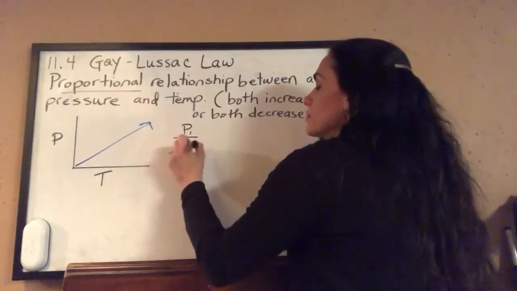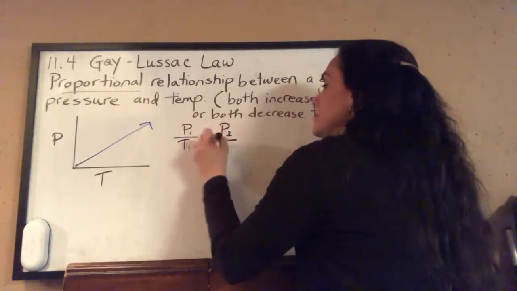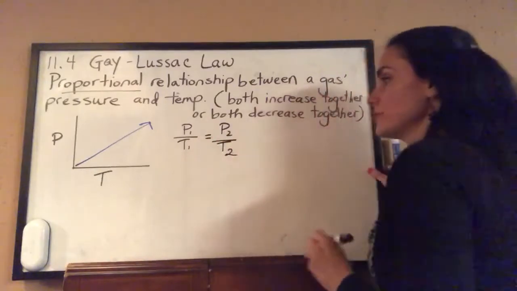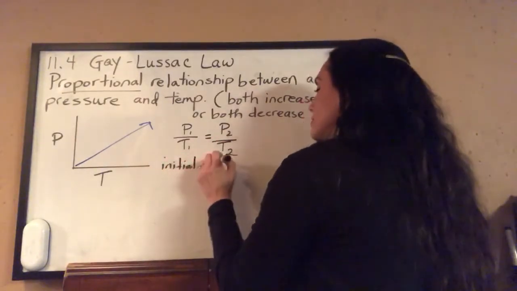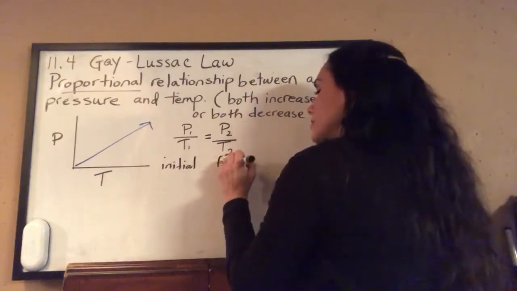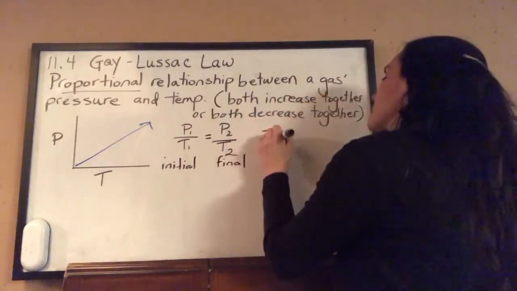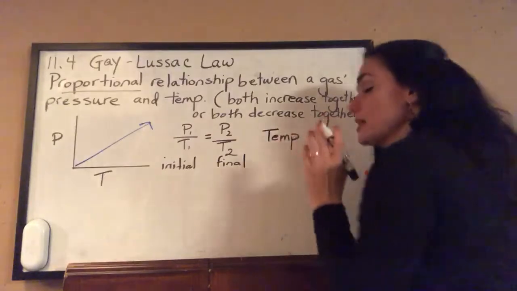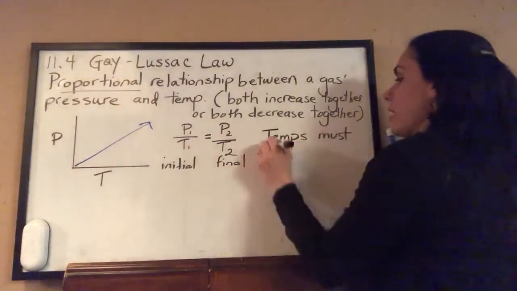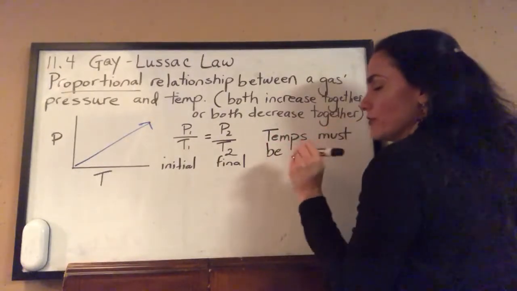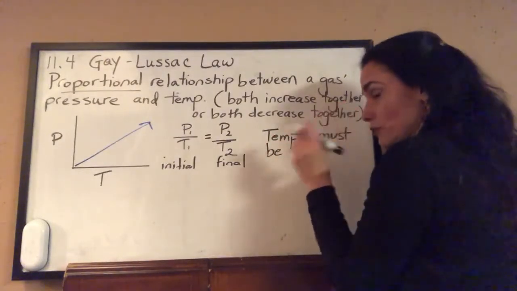P1 over T1 is P2 over T2, initial conditions, final conditions. This gas law involves temperature, so temperatures must be in Kelvin, just as we had to put them into Kelvin for Charles' law.